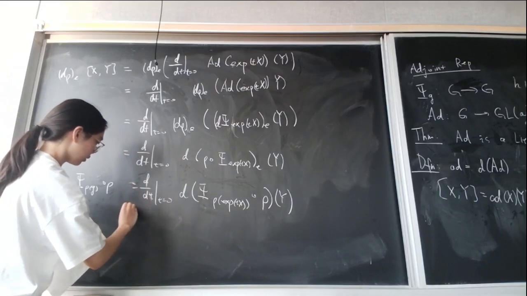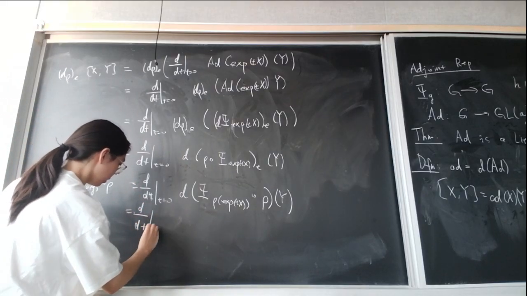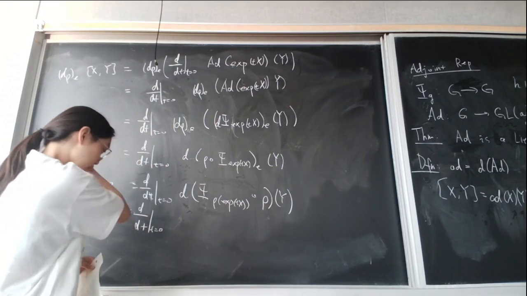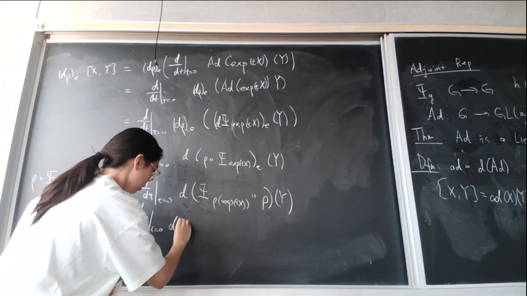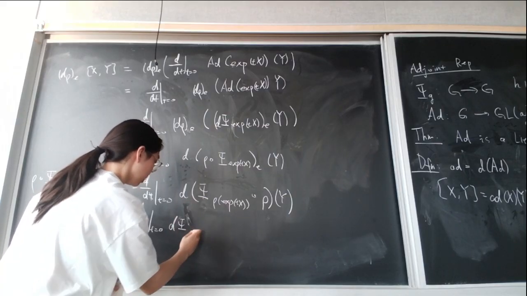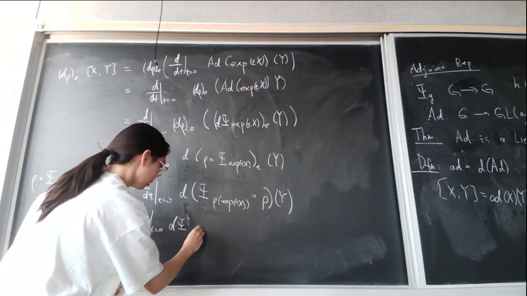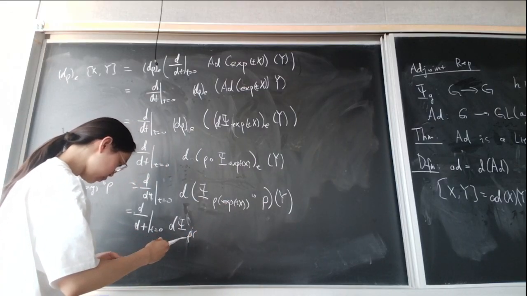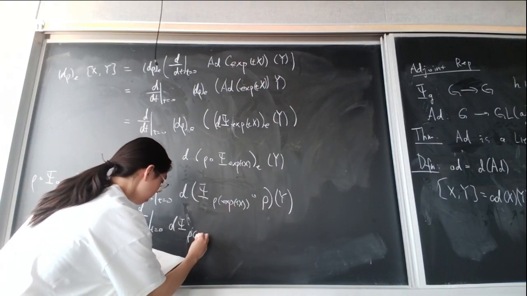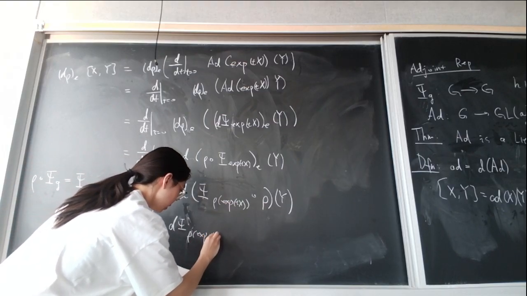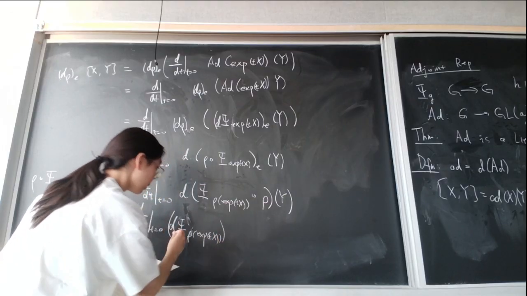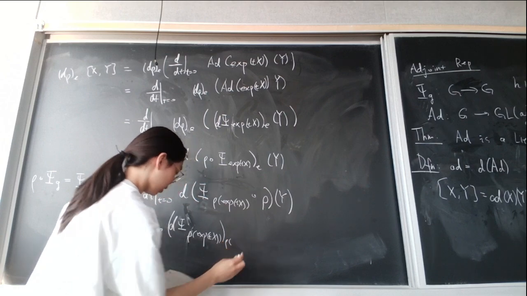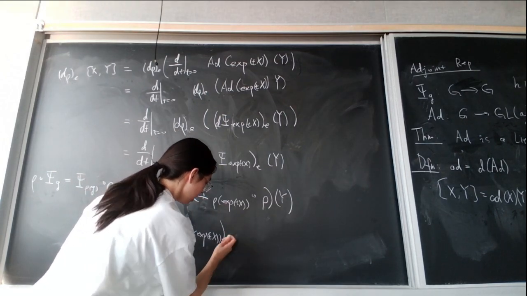And this is equal to, let's apply the chain rule again to this composition. And that is equal to the derivative of conjugation by rho of exp(tx) at rho of e, but then that's just e.